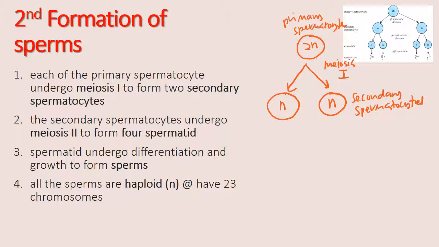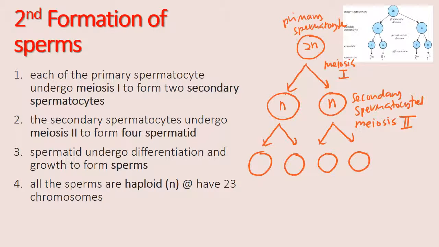Now what happens next is both secondary spermatocytes will continue with meiosis 2, and this will form 4 spermatids. These 4 cells are known as spermatids, and all the spermatids are haploid cells.